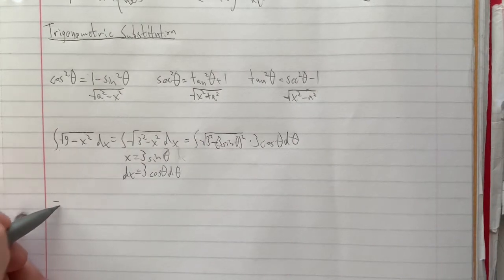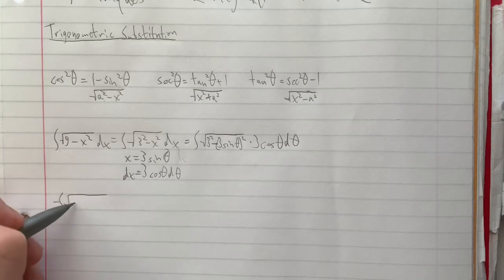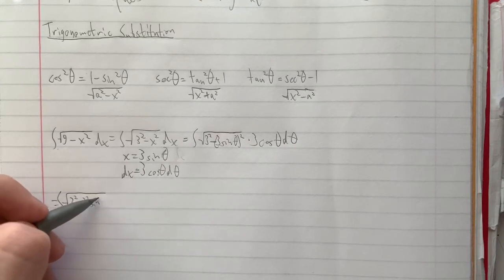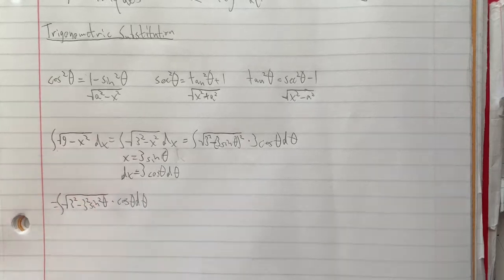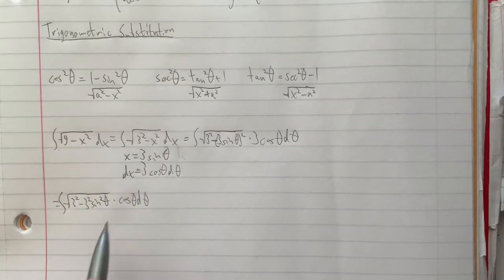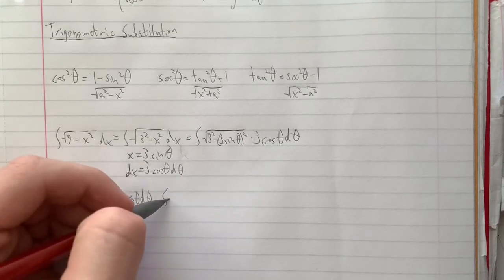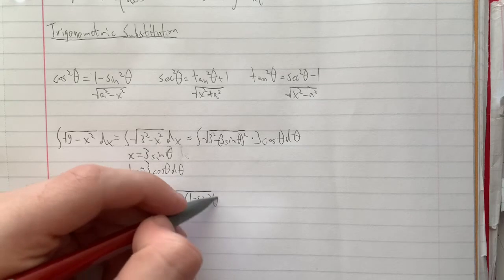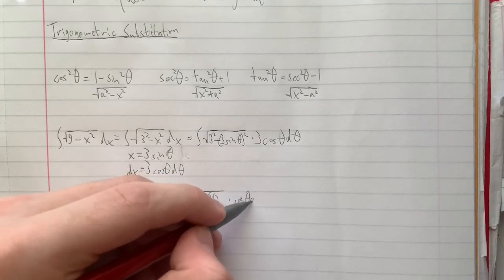This is going to be equal to the integral of the square root of 3 squared minus 3 squared, I'm going to leave it like that, times sine squared of theta times cosine theta d theta. Now what we can do is factor out a 3 squared from both of these, and we get the integral of the square root of 3 squared times 1 minus sine squared of theta times cosine of theta d theta.